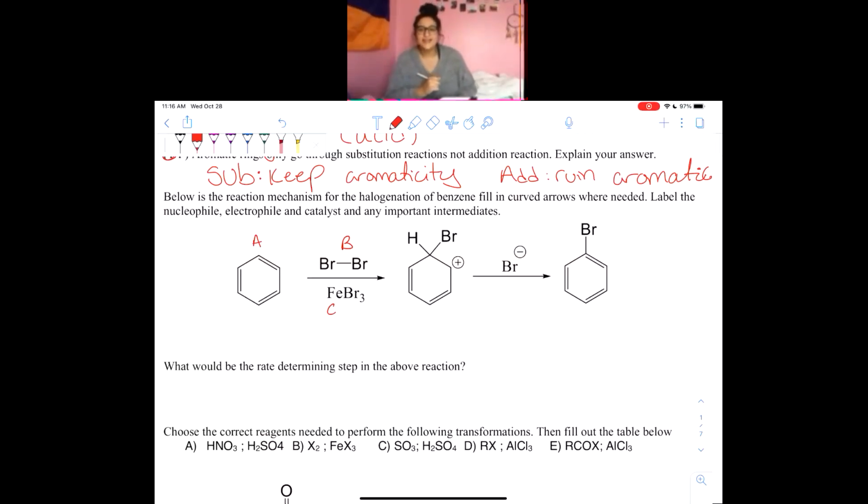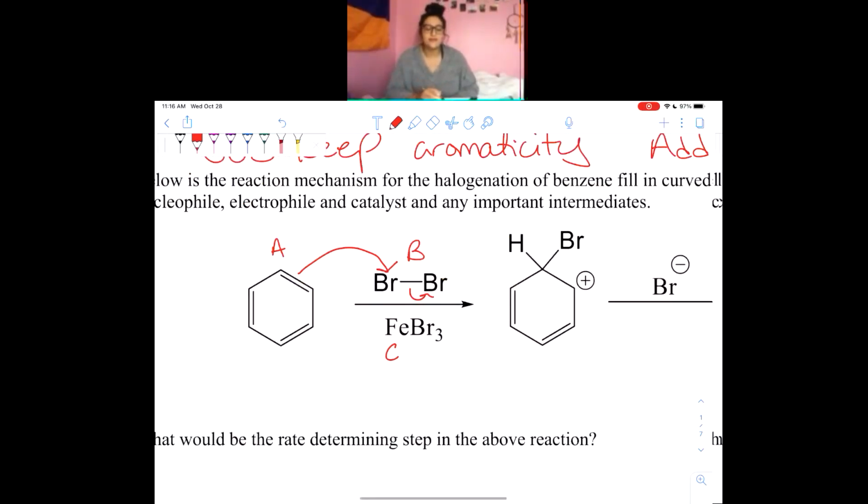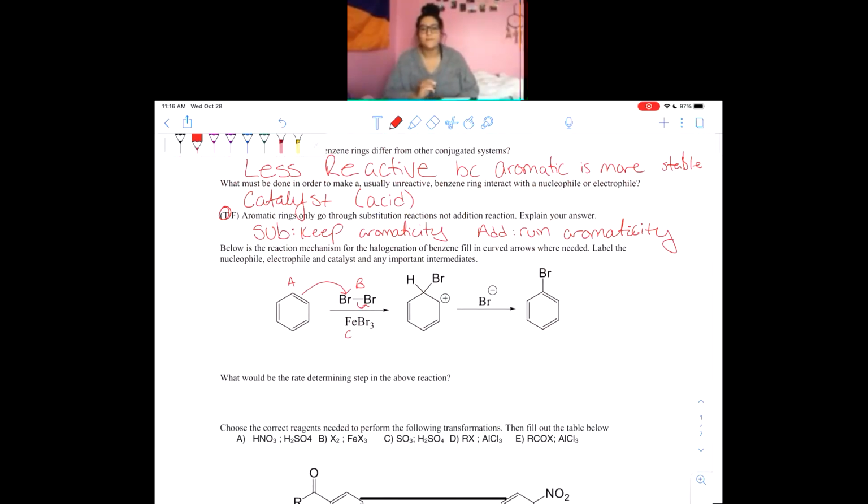Yes, it is A, and that would be because of the extra electrons here, so the double bond will be able to attack, and we know that this would not be very good at that. So if A is the one attacking, and the arrow looks like this, which of these will be the electrophile?